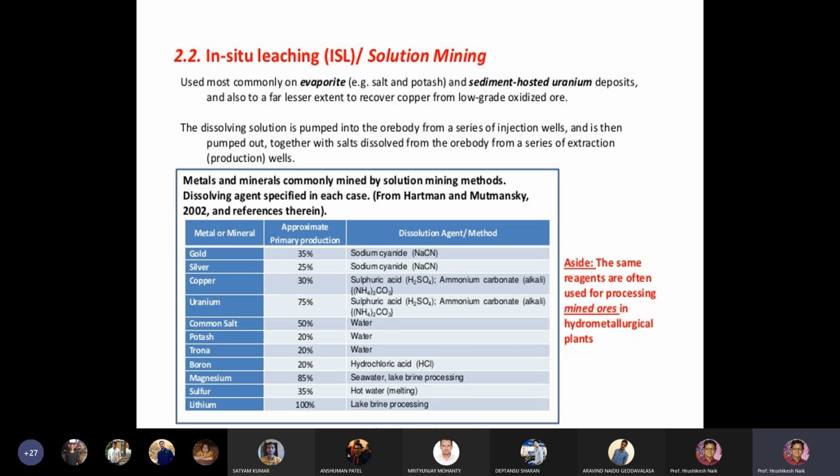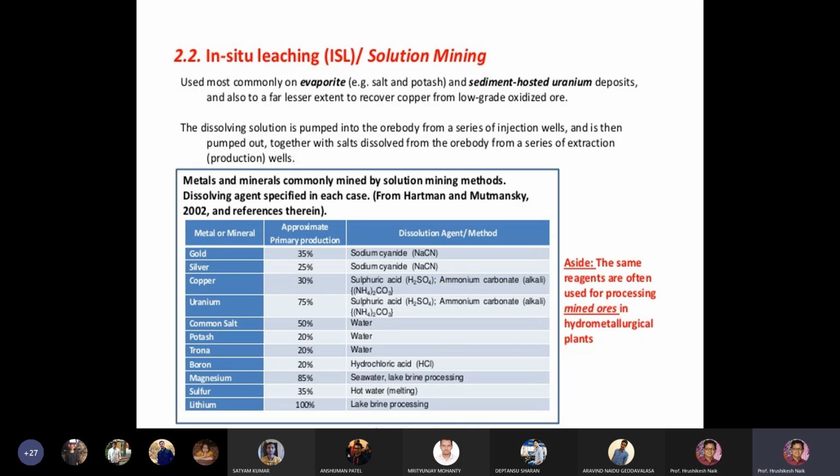So the in situ leaching or solution mining method is carried out for different types of minerals and metals like gold, silver, copper, uranium, common salt, potash, trona, boron, magnesium, sulfur, and lithium.